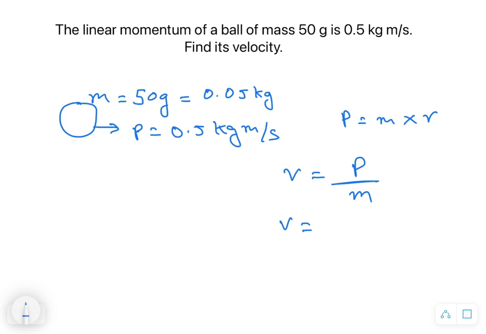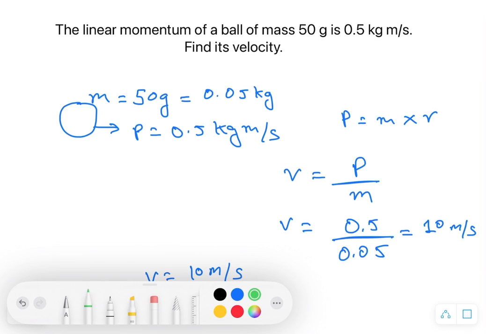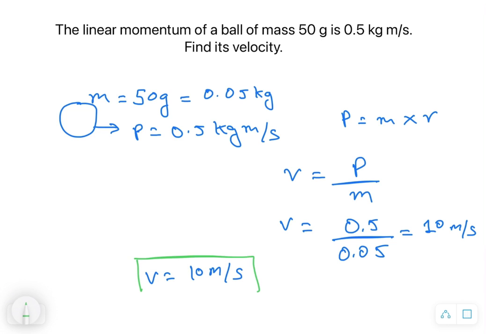Velocity is equal to 0.5, that is the momentum, divided by mass, which is 0.05. So the answer will be 10 meters per second. Velocity is 10 meters per second. This is our final answer.